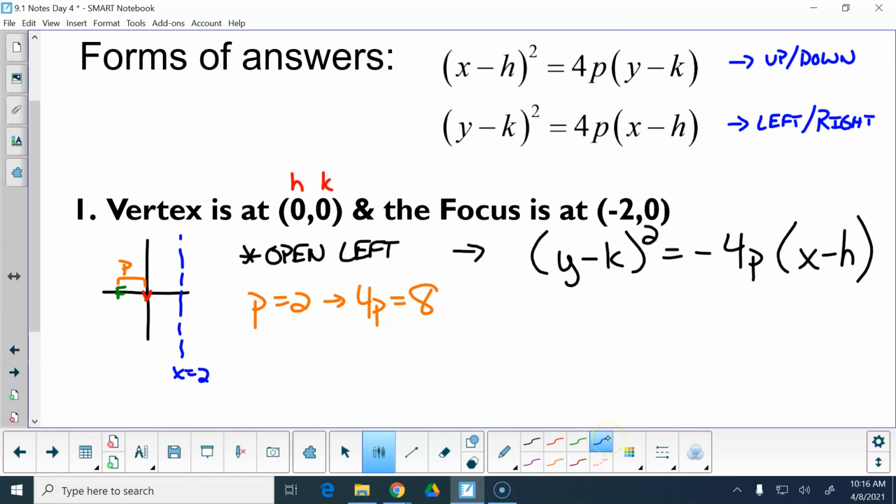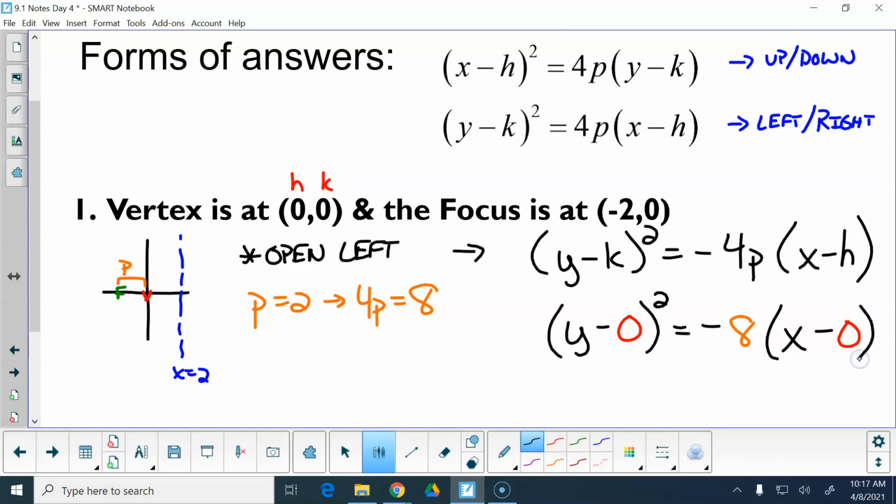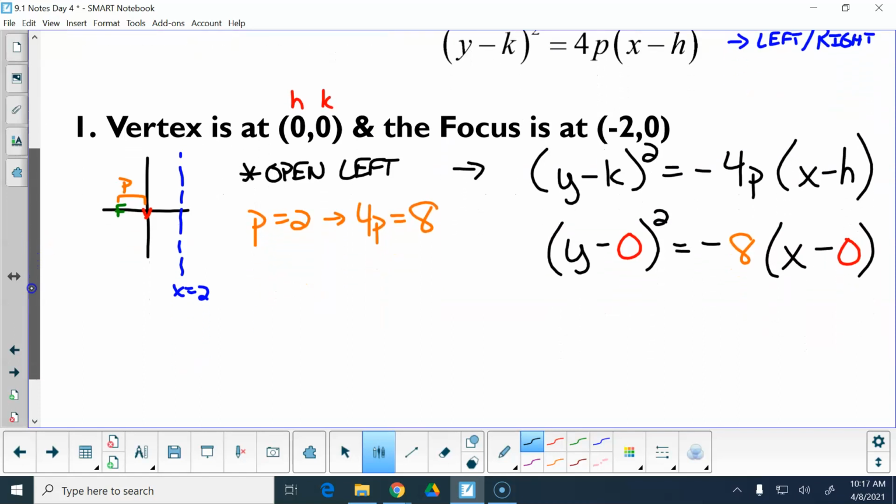So that gives us enough information. We can put all of this in. Y minus 0. I'm going to write it out longhand first, and then I'll show you what we want it to be. Negative 8 times x minus 0. Close parentheses. So that's filled in. Okay?